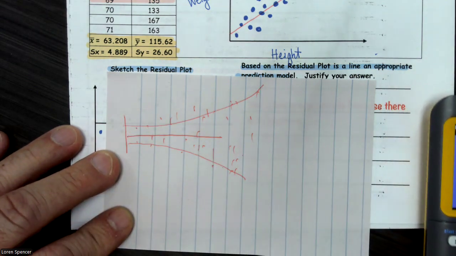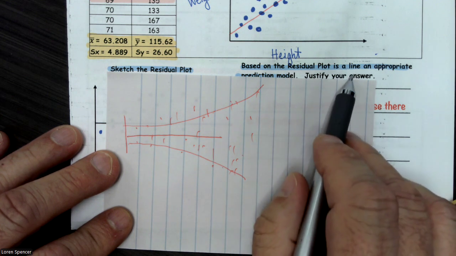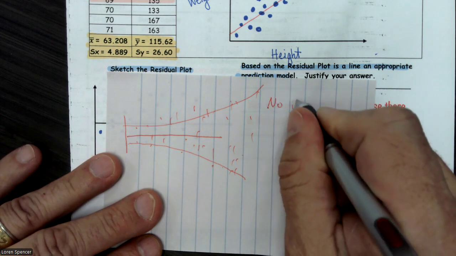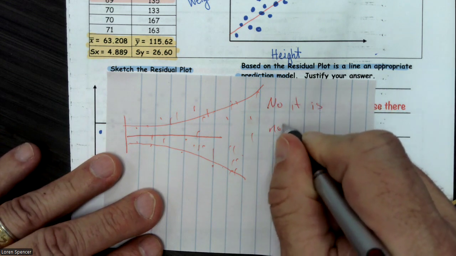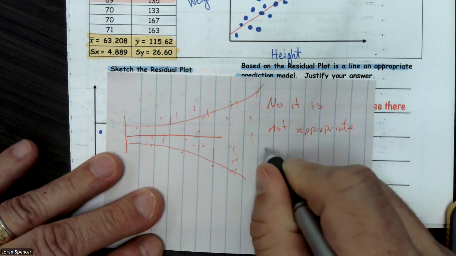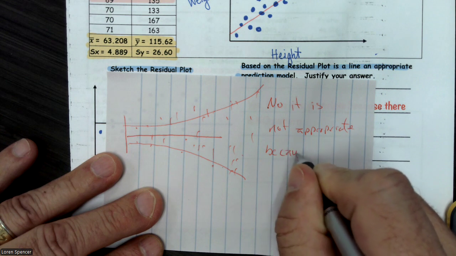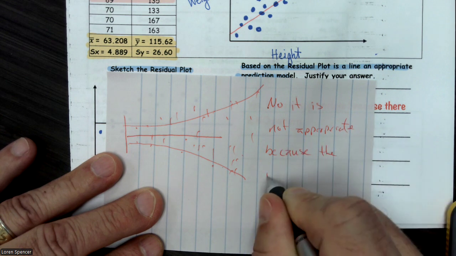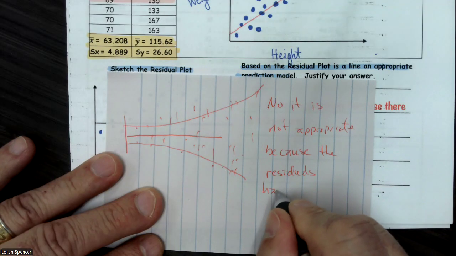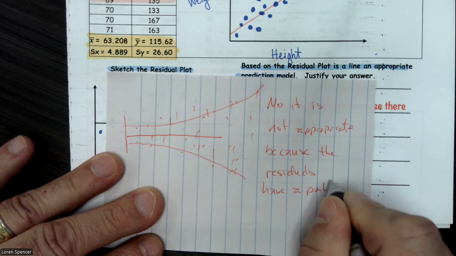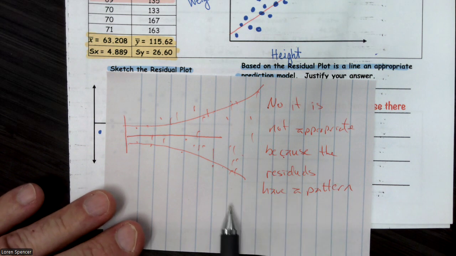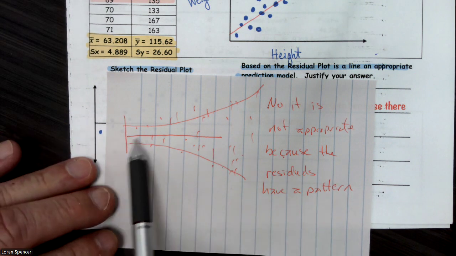And because it's spreading out, it says, based on the residual plot, is a line appropriate? And the answer is no, it is not appropriate because the residuals have a pattern. They're starting to spread out.